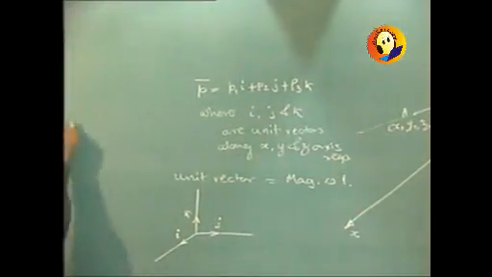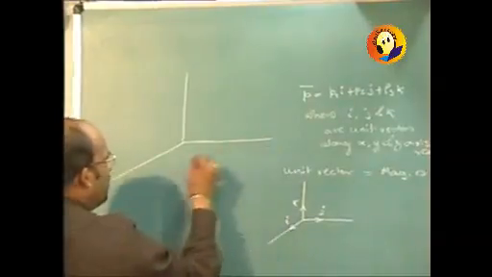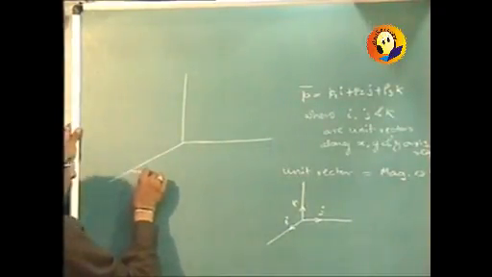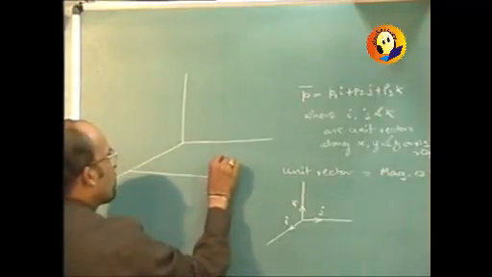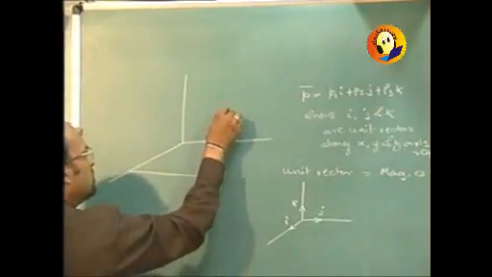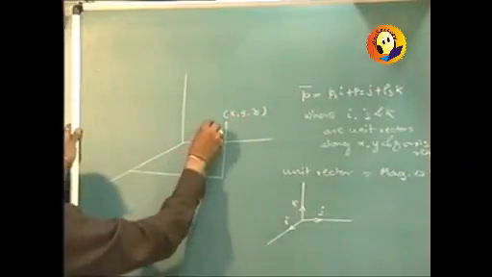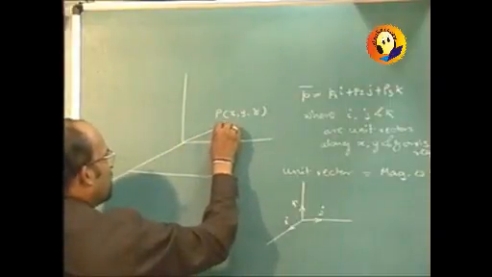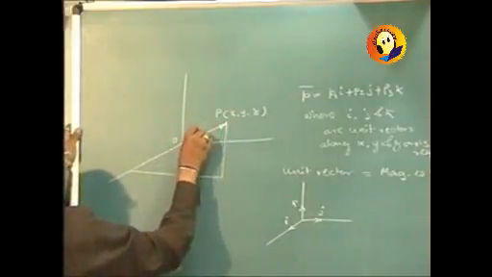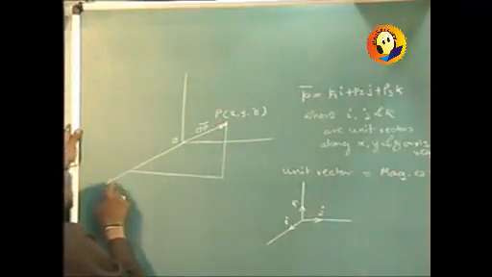Now any point that we talk of in 3D, any point, the coordinates that we talk of, suppose this is point x, y, z, say point P, and if we write the vector OP bar, then remember that these coordinates are nothing but the distances.